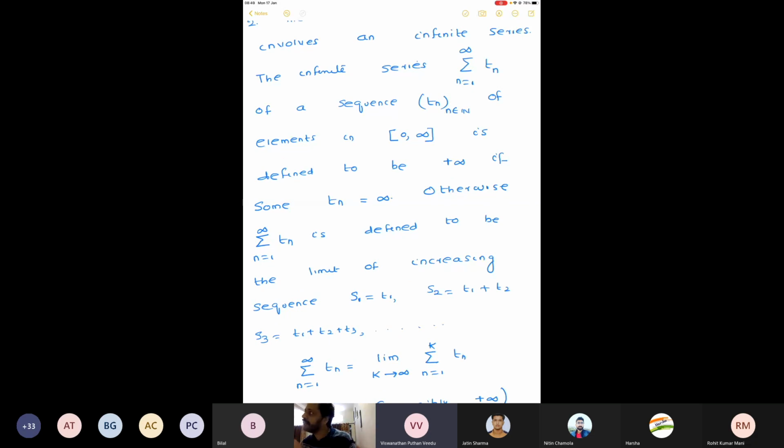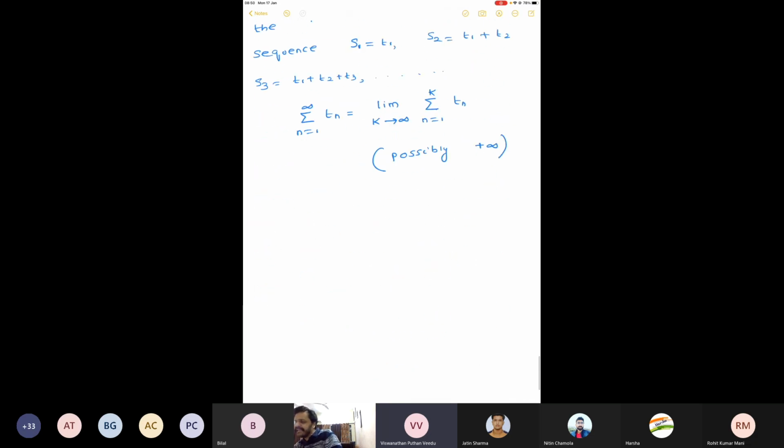If none is, I take the sequence of partial sums. If it converges to a finite number, that number is the summation. If it diverges to plus infinity, then plus infinity is the series. This is slightly different from the usual series in the real number system, because we are including infinity also. Briefly, we are in the extended real number system.